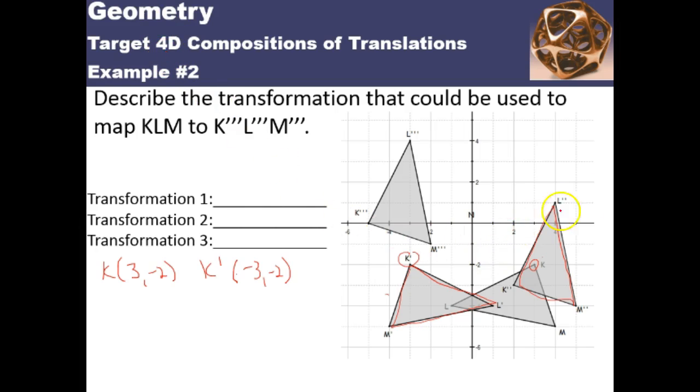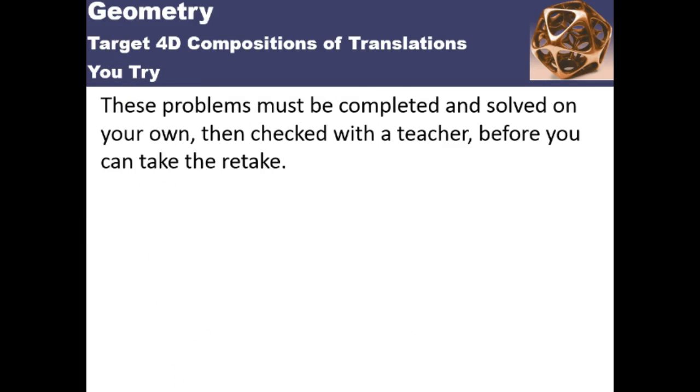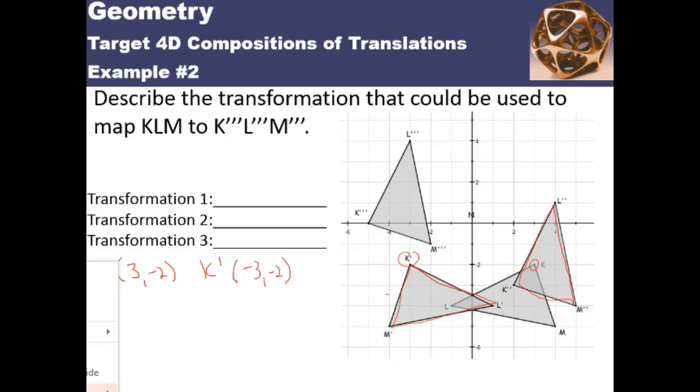Okay, no wonder it looked wrong to me. I made a mistake. I highlighted the wrong triangles, so let's start over with this. So let me just erase everything. I'll erase that at least. I highlighted the wrong triangle. This was the double prime triangle and not the no prime triangle.